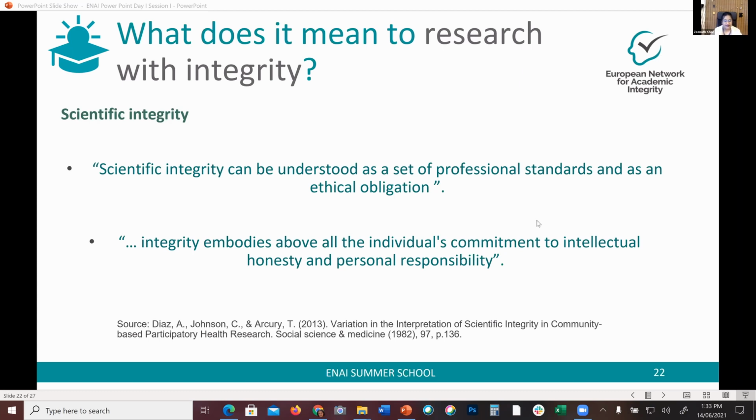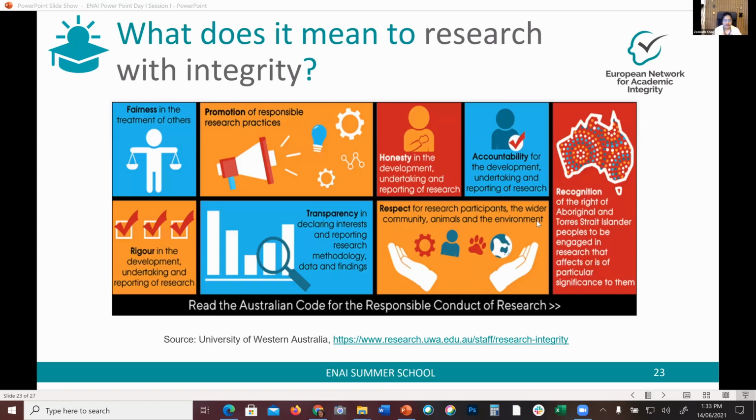That takes me to the next slide, where the Australian research community has identified these values as the code for responsible conduct of research. And most accredited Australian universities, including mine, the University of Wollongong, base their research on this, to ensure that the research we are doing is fair.